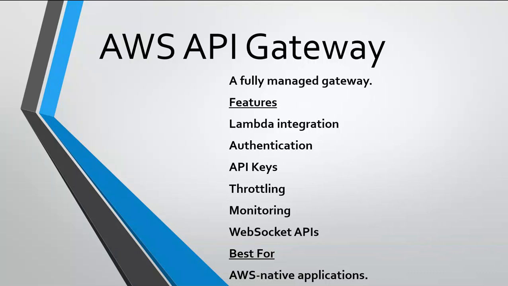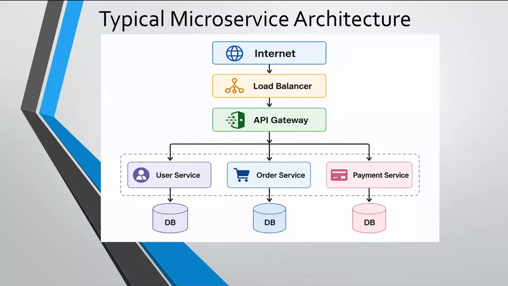Then throttling is there, monitoring is there, WebSocket APIs are there, and this is best for AWS native applications, like when we are using AWS, you can use this gateway.